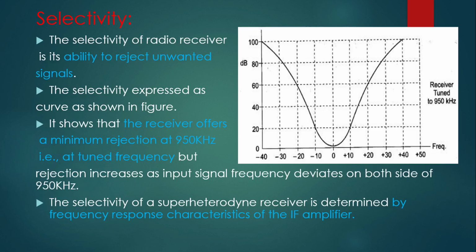The typical fidelity curve of a receiver is shown in this figure, where various audio frequencies are taken along the x-axis, and receiver output in decibels is taken along the y-axis. For high fidelity there is minimum attenuation. For highest fidelity, the curve is totally flat.